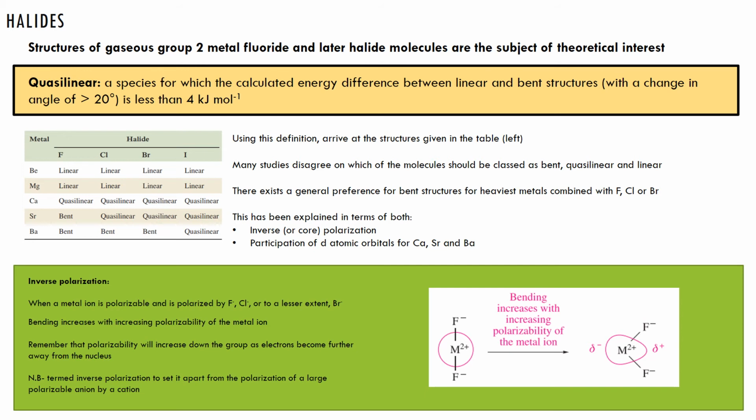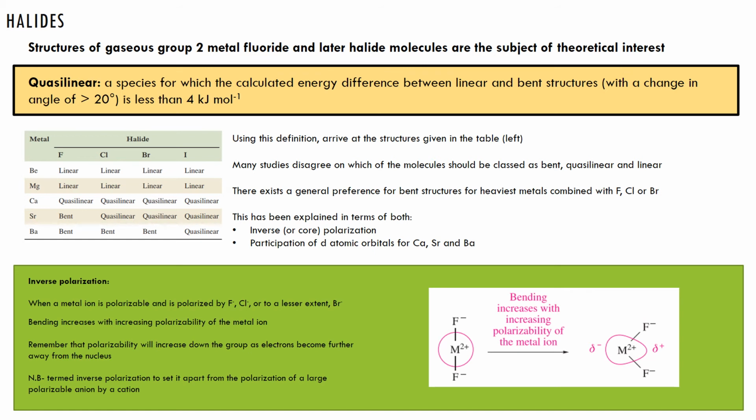And there are two major explanations for this in the literature, and two approaches which are used when calculating the structure of these molecules, or the energetics of the structure of these molecules. One is a theory surrounding inverse polarization, and the other is a theory surrounding the potential for the participation of d atomic orbitals in the heavier elements.